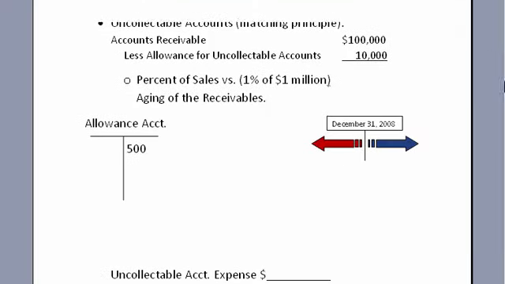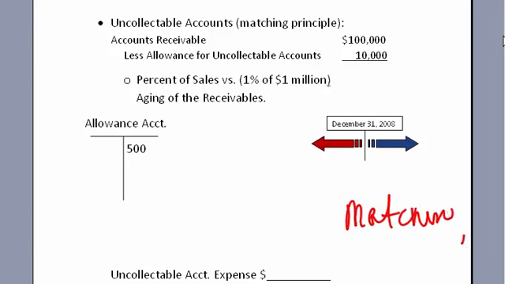The next topic is one that gives students a lot of trouble, and so I'll do my best to explain it here. The idea is because of the matching principle. The matching principle says that we have to match revenues and expenses into the time period that they occur.